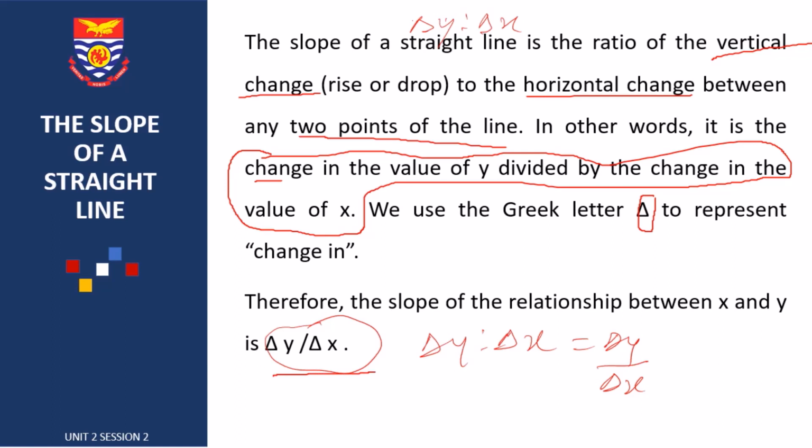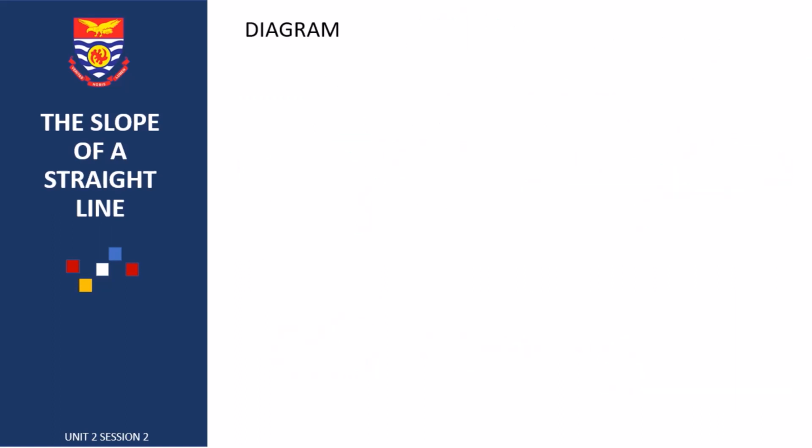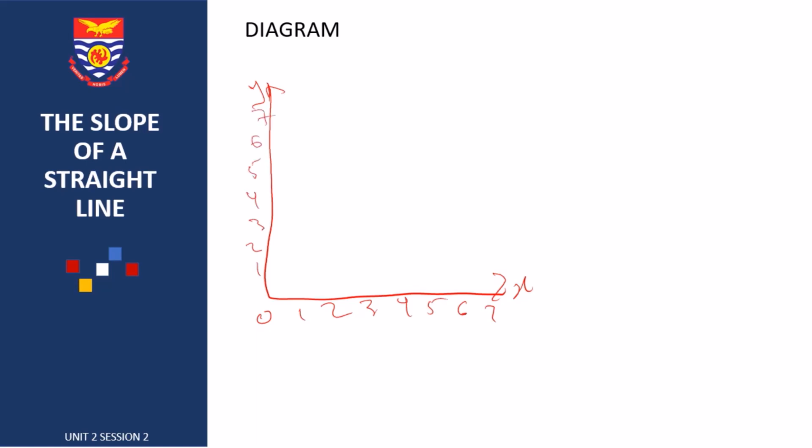I'm going to sketch a diagram for us to understand what we mean by change. I have my x, I have my y, I have my origin. Assume I have 1, 2, 3, 4, 5, 6, 7. Then I'll say 2 maps to 3.